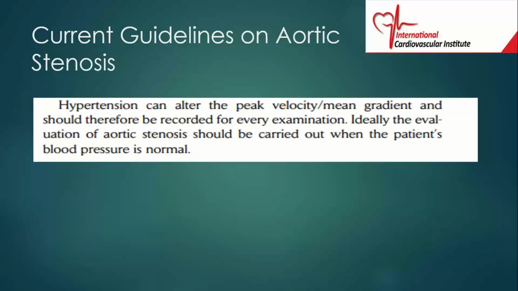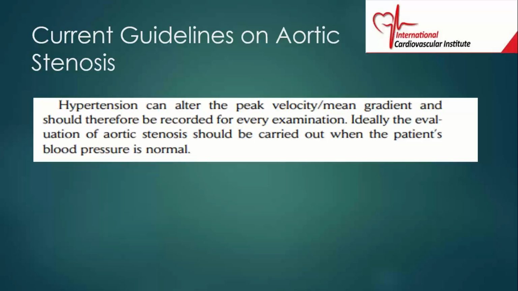Okay, so let's sort of rationalize this, because there are things that can affect the velocity. There are things that can affect the stroke volume, and there are things that can affect the gradient. The velocity is related to gradient, so if there's something that's going to affect the velocity, it's going to affect the gradient.